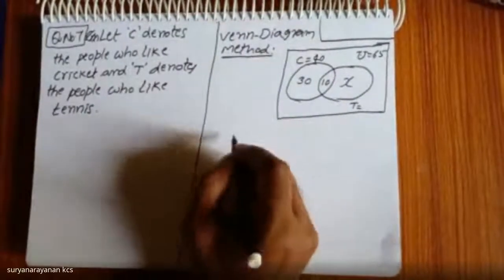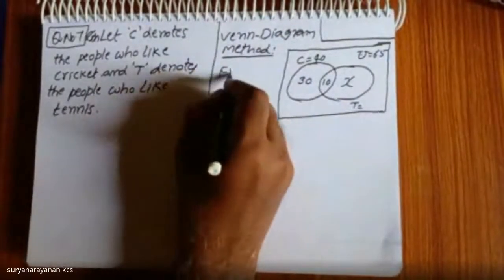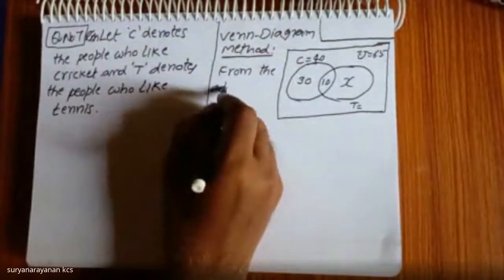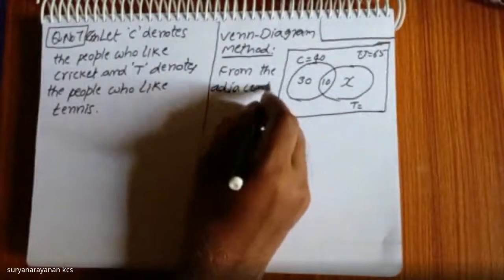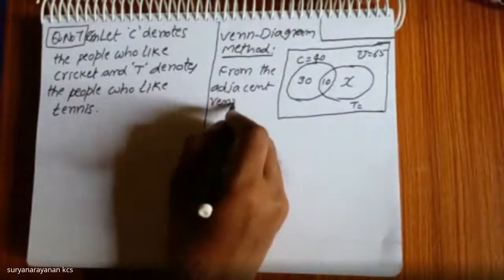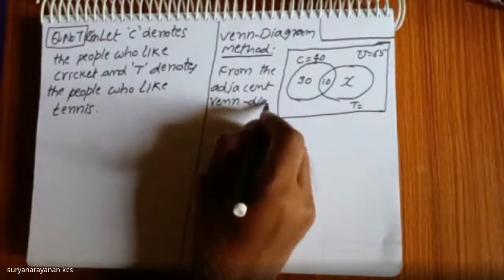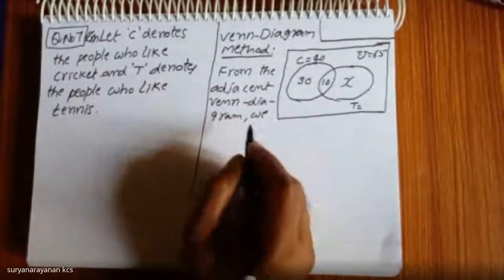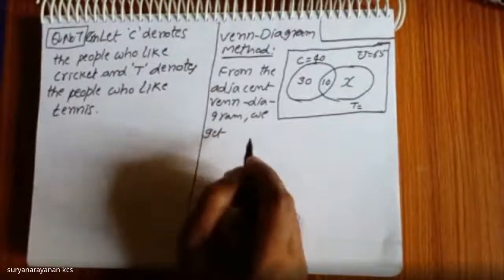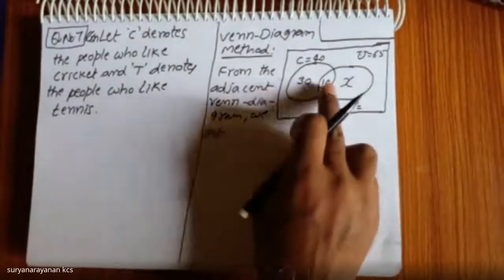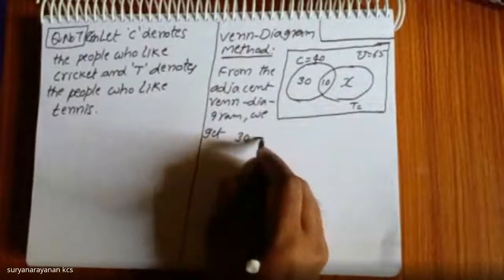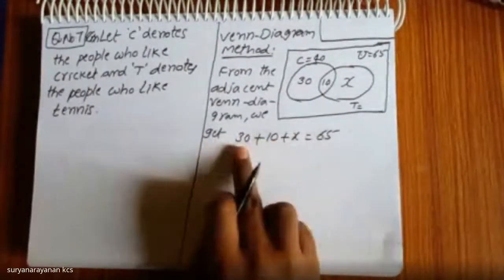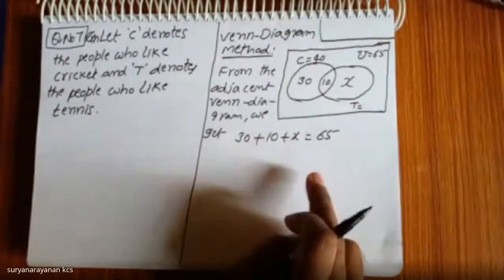From the diagram, we get 30 plus 10 plus x is equal to 65.